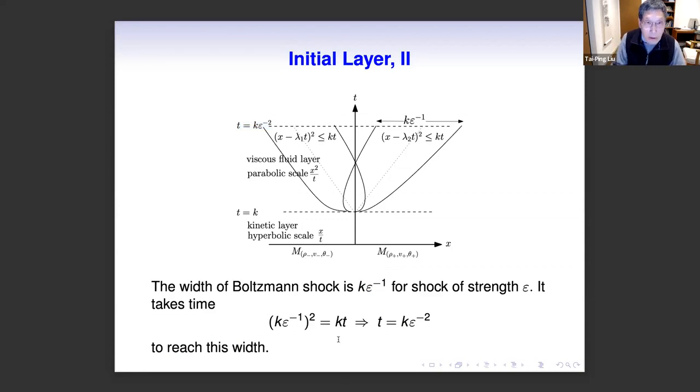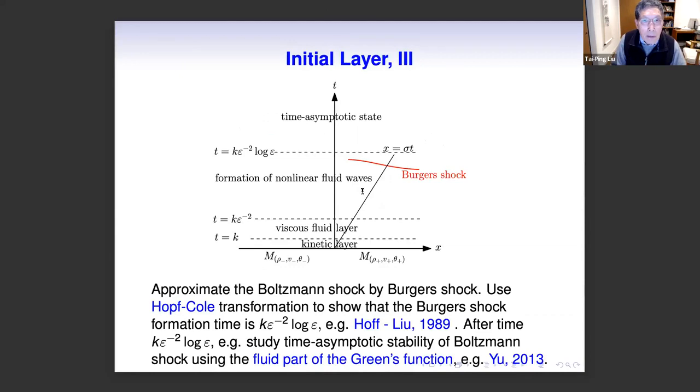Okay, so now the third one is the formation of nonlinear fluid wave. I'm sorry to bore you with this, but I will just try to tell you that this is a rich wave phenomenon to go from this initial layer gradually linked to the shock layer.